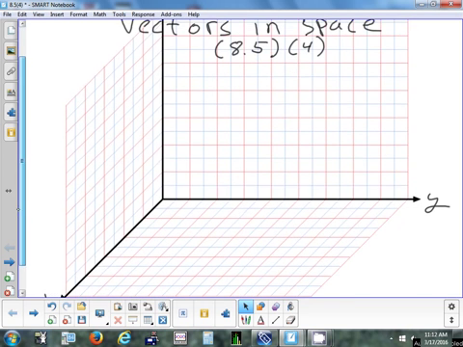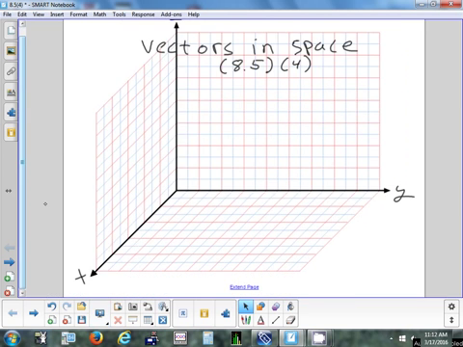All right, so here's what your X, Y, and Z axis look like in 3D. This is called a right-handed coordinate system, or it follows what's called the right-hand rule, which is in your book on page 354.